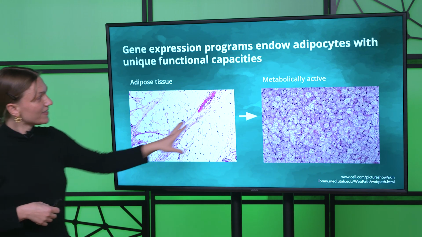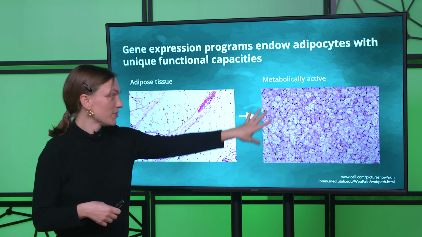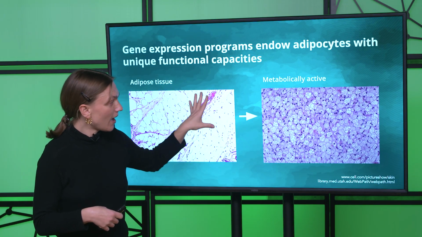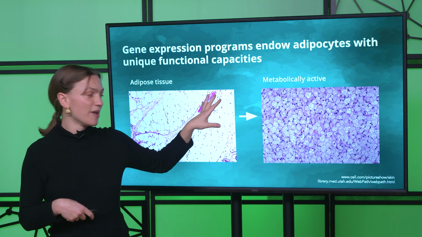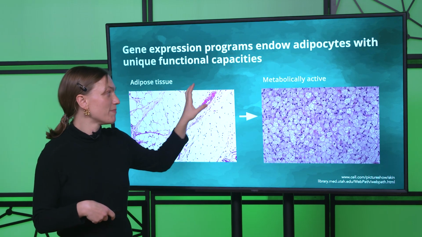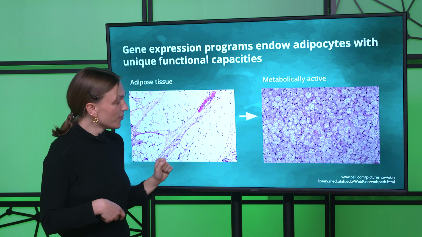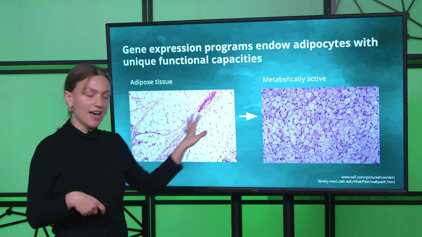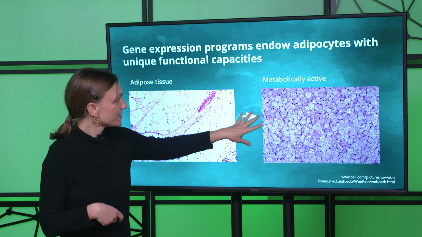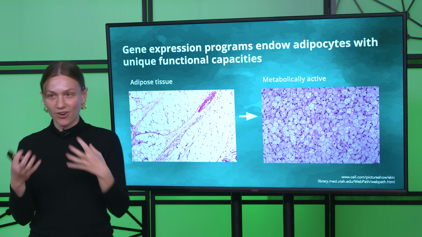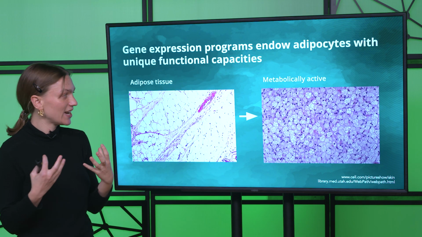And so in this tissue, which is also adipose tissue, we see a very different phenotype that actually represents particularly metabolically active adipocytes. And so the reason for this different phenotype is, one, these cells produce a lot of mitochondria and are very mitochondrially active.